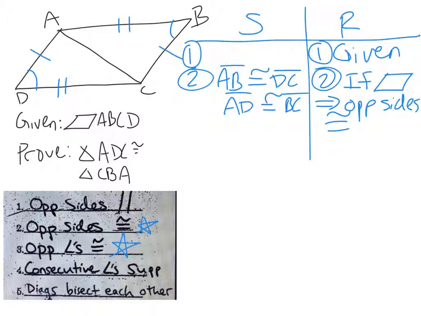And I can just have both of those in that step because it's from the same reason, and AB being congruent to DC has no bearing on AD and BC being congruent. So I can put them in the same step.